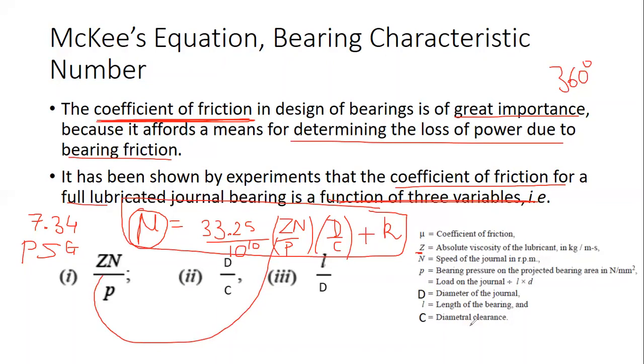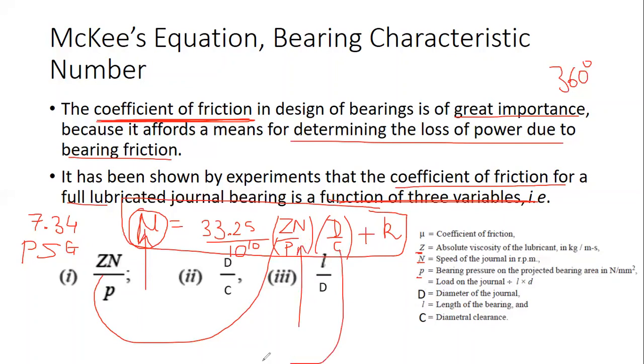Absolute viscosity of lubricant in kg per meter second. What is N? Speed of journal in RPM. What is P? Bearing pressure. Right? So, coefficient of friction, here you can see this mu is function of first variable Zn by P.